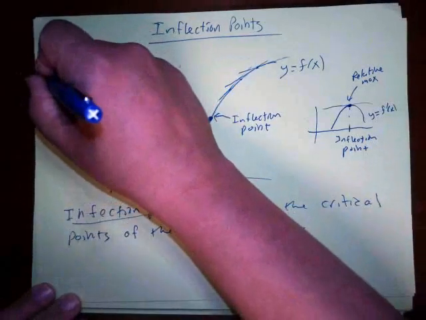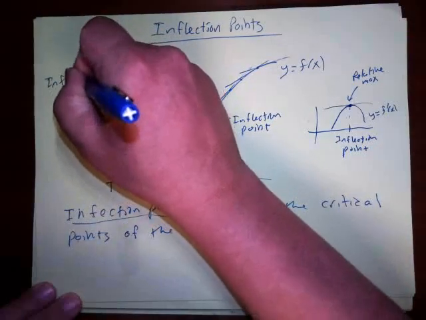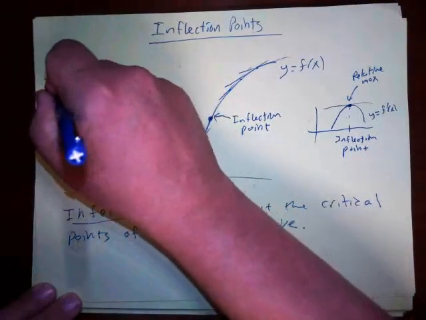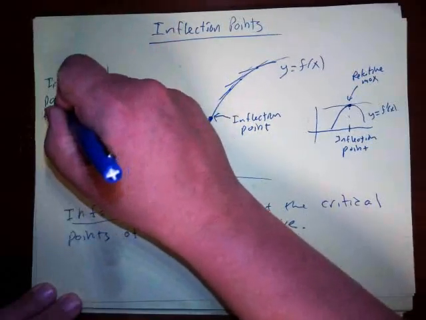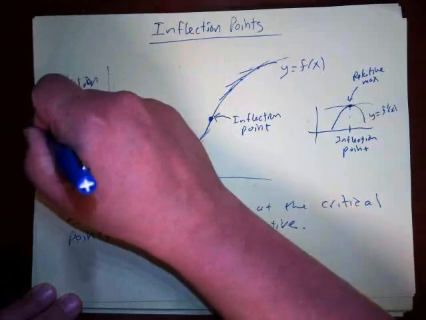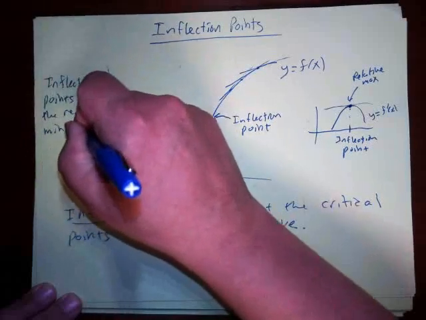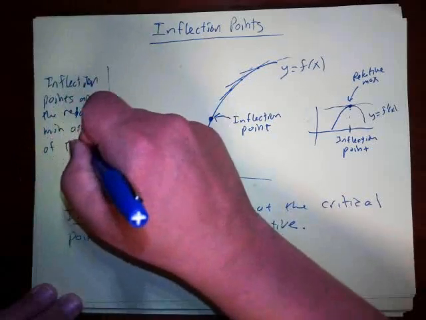Let me write that up here. Inflection points are the relative min or max of the first derivative.